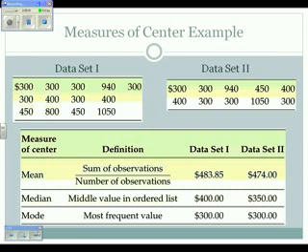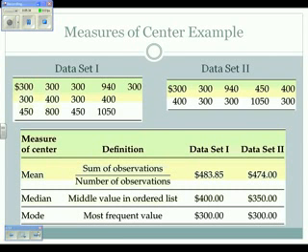And here are two different data sets, and we will look at the mean, the median, and the mode of these data sets. So for the mean of data set number 1, we add all of the data values together. So 300 plus 300 plus 300 plus 940 plus 300 plus 300 plus 400 plus 300 plus 400 plus 450 plus 800 plus 450 plus 1050.